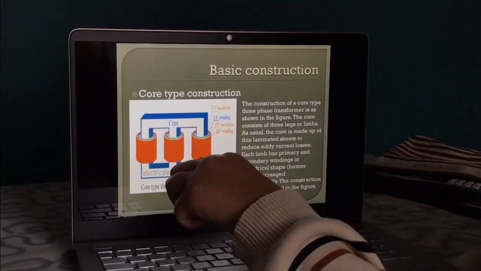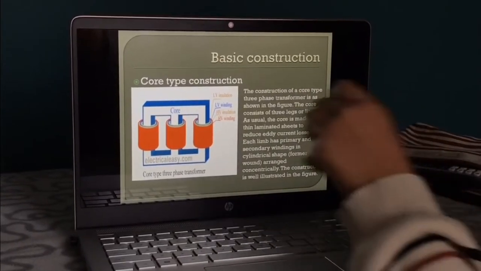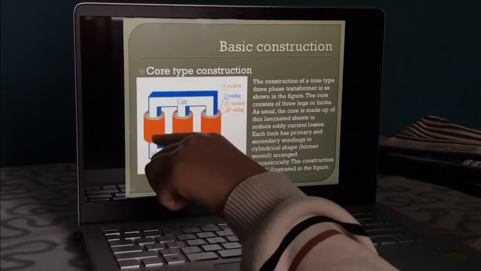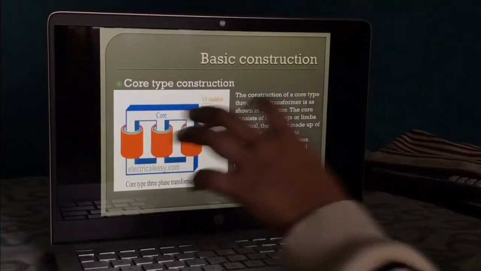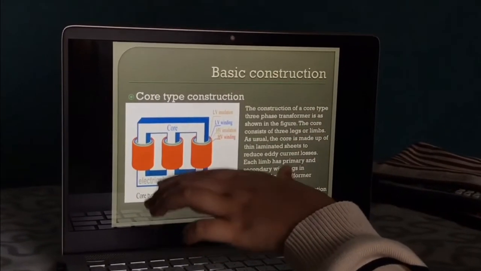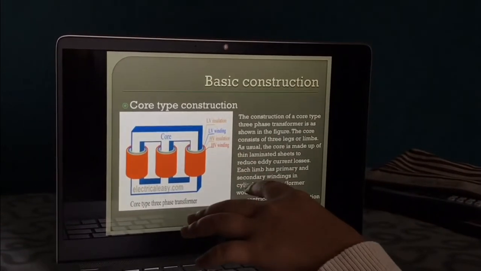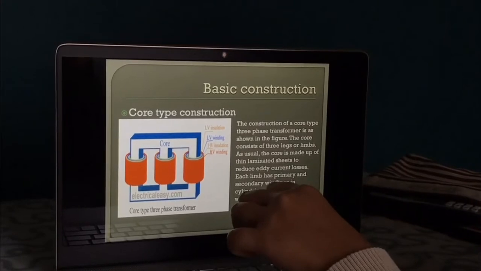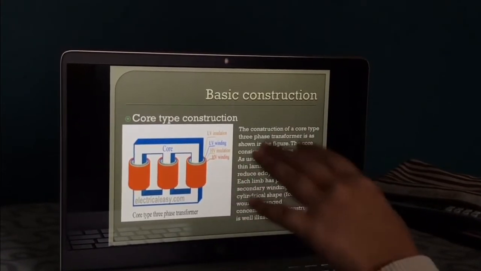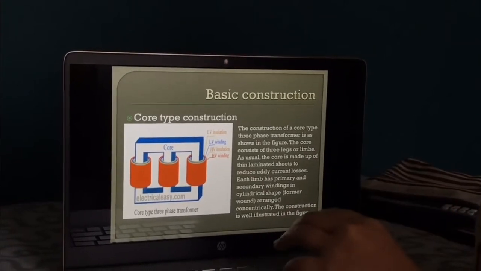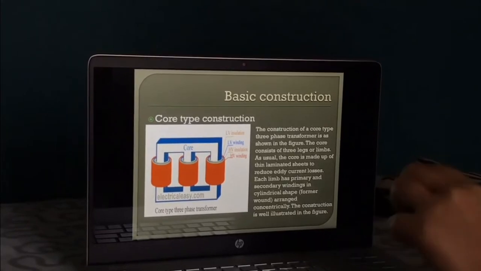Every leg has a primary and secondary winding in a cylindrical shape. The figure shown illustrates the three-phase transformer core type construction.